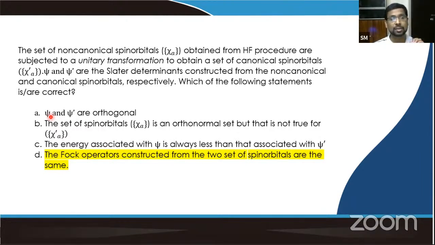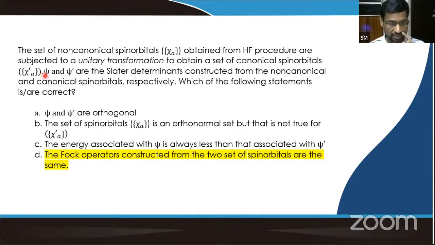If you recall, the reason why we are very happy with this unitary transformation is that while it preserved the orthonormality of the spin orbitals, that means chi-A's were an orthonormal set of non-canonical spin orbitals, after that unitary transformation, the new set of canonical spin orbitals chi-A prime also constituted a new orthonormal set of spin orbitals.